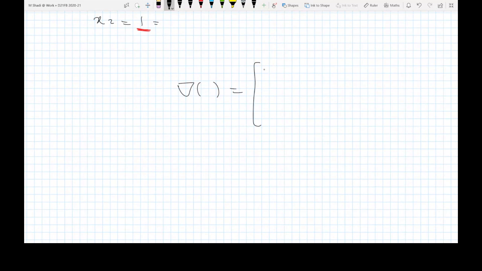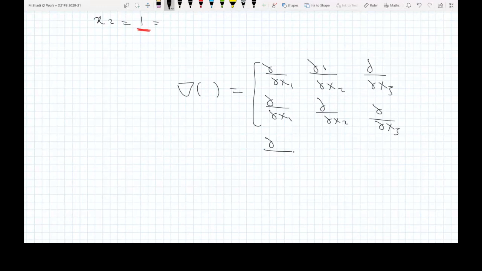Applying it to a vector would be the derivative of whatever vector you have in there with respect to x1, x2, x3, and so on for the second component, and so on for the last component. So apply it to a vector, you get a tensor, basically. This is what you get. And this is what we call the gradient operator.